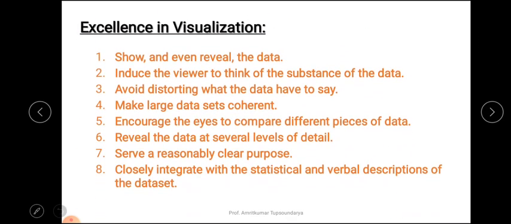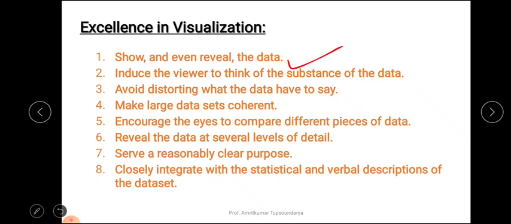So in data visualization, how can we obtain excellence in the visualization? There are a few objectives for graphical or visual excellence. First, the visualization process should show and even reveal the data.